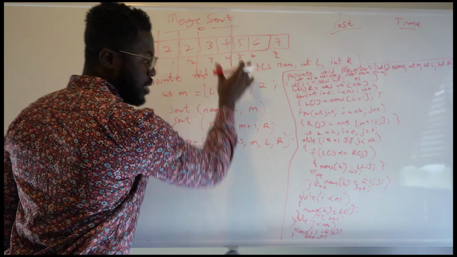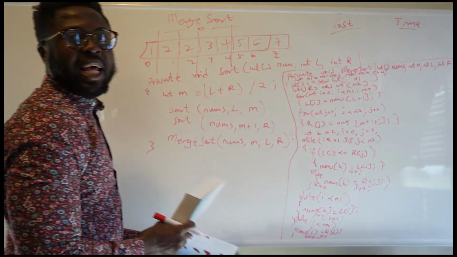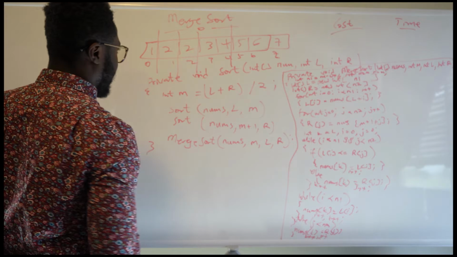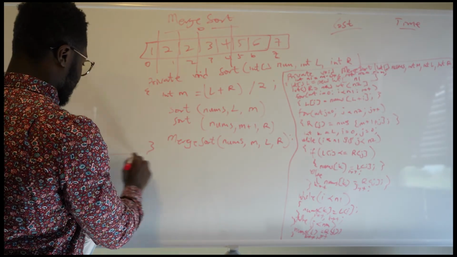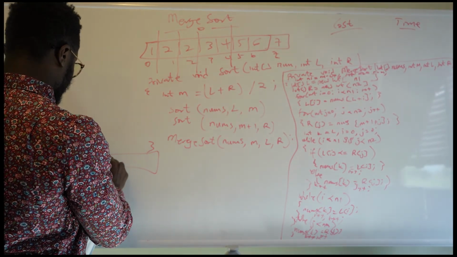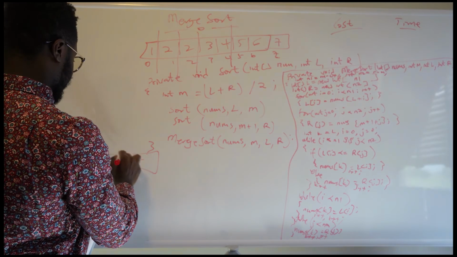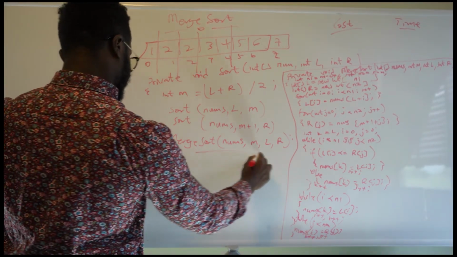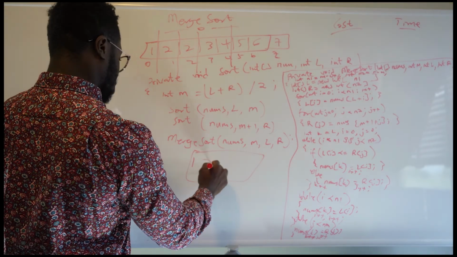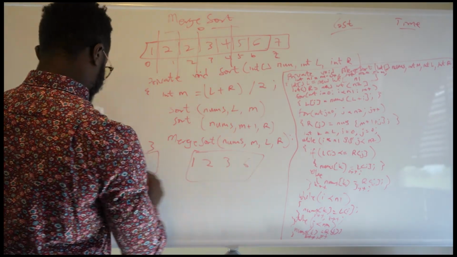So it picks this, basically it picks that, and what it's going to do is split it. So you split it to here 2, 4, 5, 7. Then here 1, 2, 3, 6.